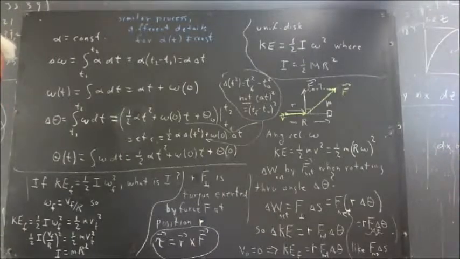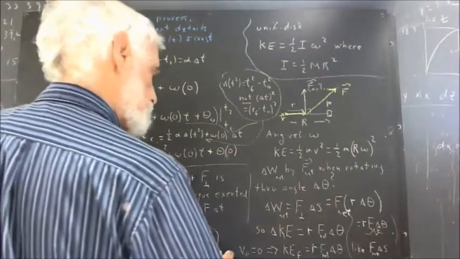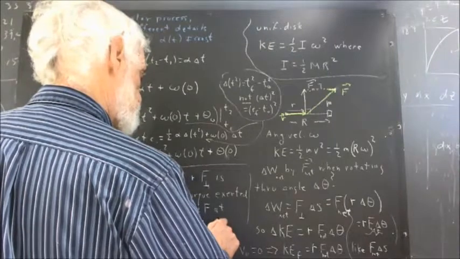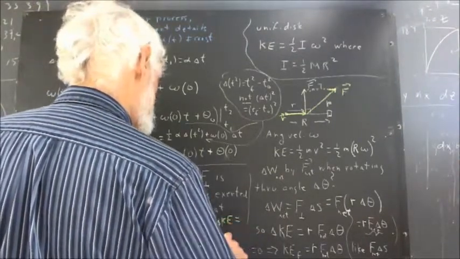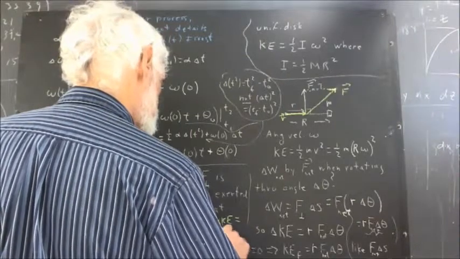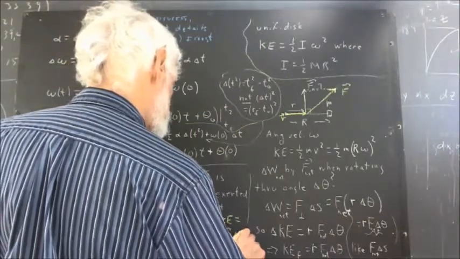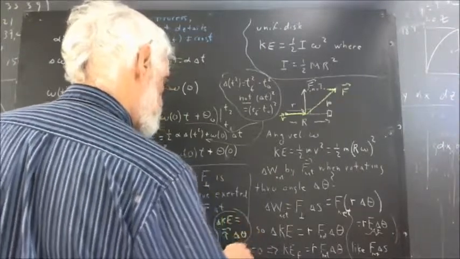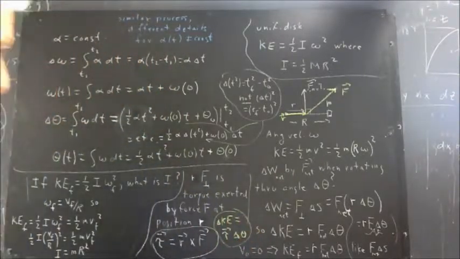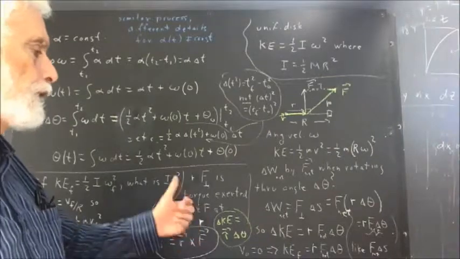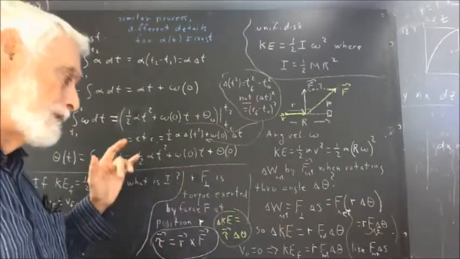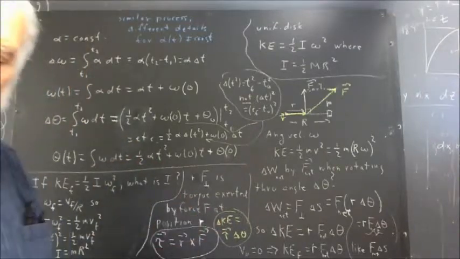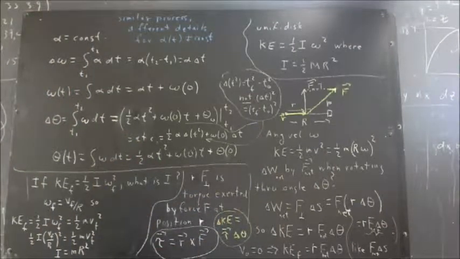So I can also write that the change in kinetic energy is tau delta theta. I should have said that the work done is tau delta theta. And if F is the net force, then the change in kinetic energy will be tau delta theta. So let me modify that. Okay.